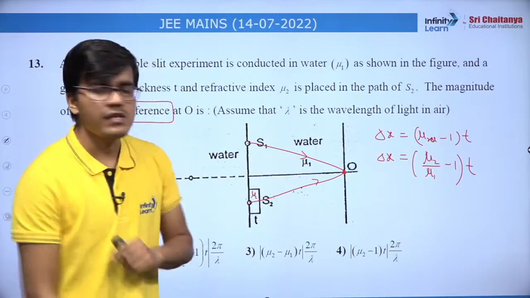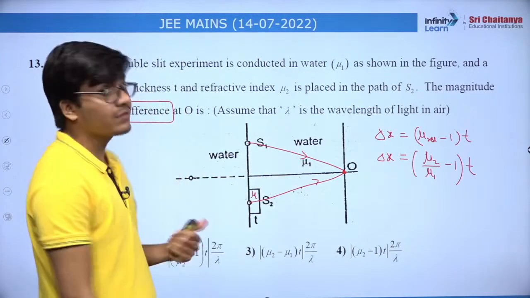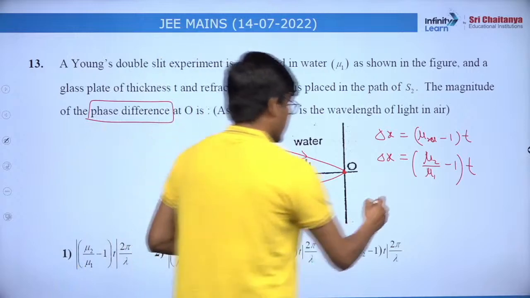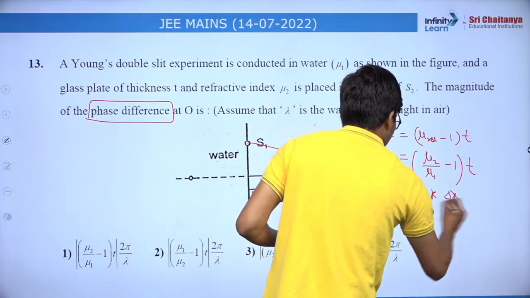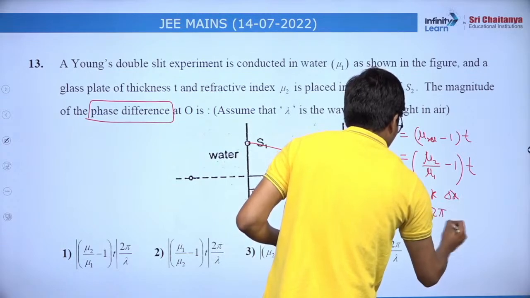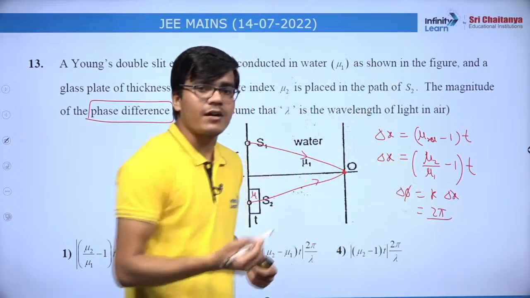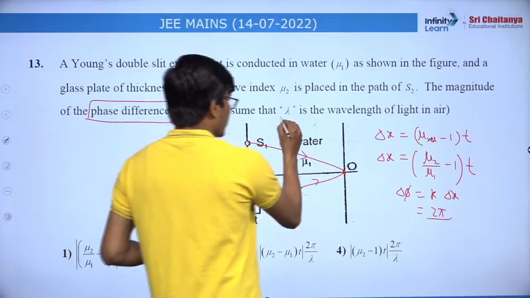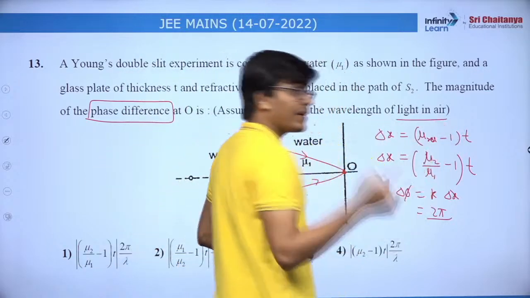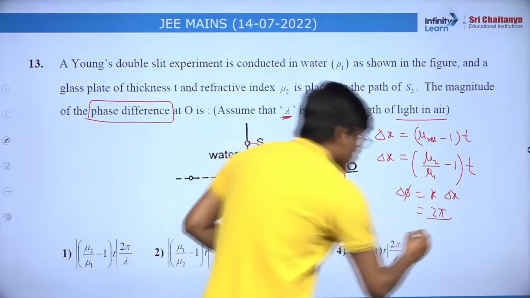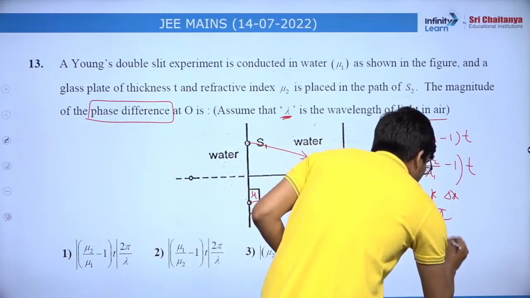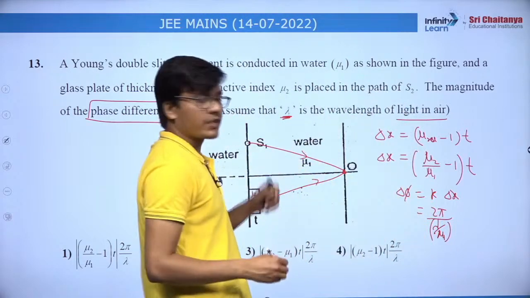So this should be my path difference, but the question says we have to find phase difference. So what is the relation between path and phase difference? This is k into delta x. And do you know what is k? K is 2 pi by lambda. And if you read the question very carefully, lambda is wavelength in air, but I don't want it in air, I want it in water. So it should be lambda by mu1, refractive index of water, right?